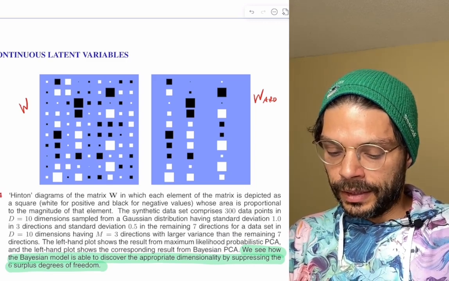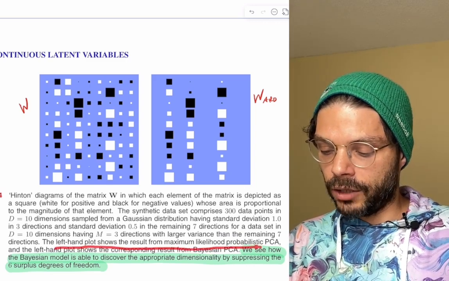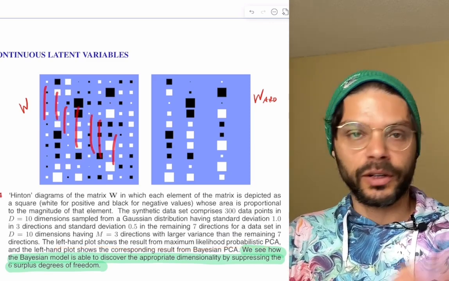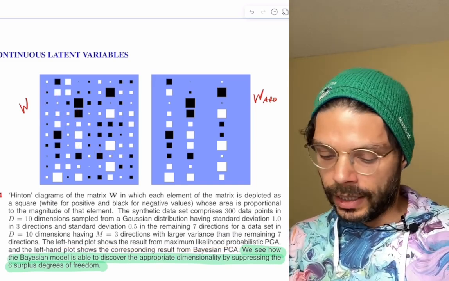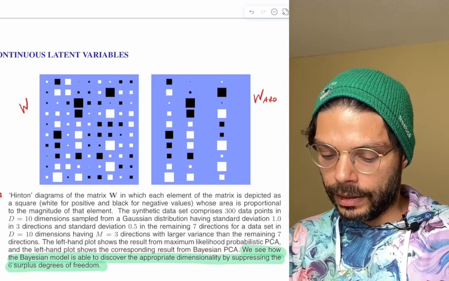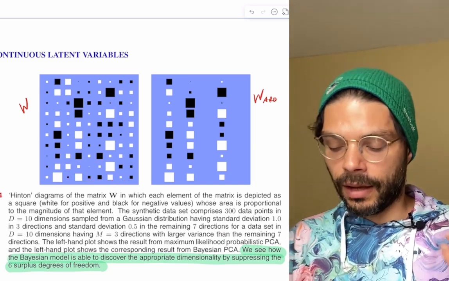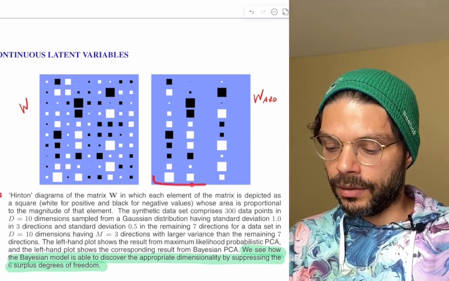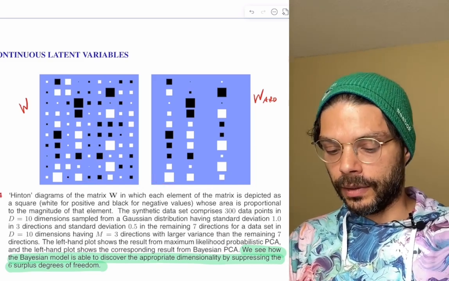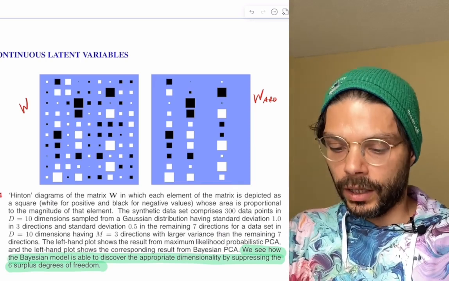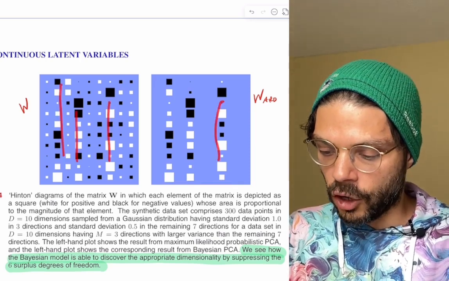The left-hand plot shows the result from maximum likelihood probabilistic PCA. So you see how all these weights are learning something. You've told it to use 1, 2, 3, 4, 5, 6, 7, 8, 9. Looks like 9 dimensions, because that's d minus 1, 9. But if we use this ARD, basically just the largest dimensions are kept.